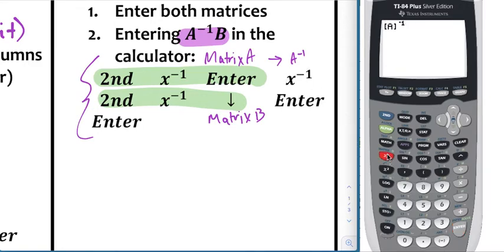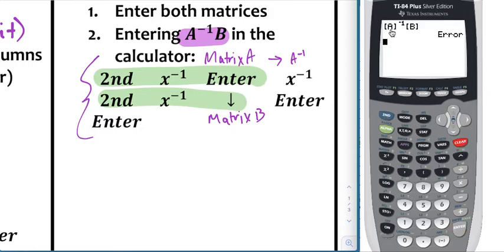So that gives us our A inverse, and then we would want to select matrix B. So second, matrix, go down to B, press enter. I know that we did not actually do matrices to put in here, but you would press enter, and yeah, it's invalid because they're not appropriate sizes.